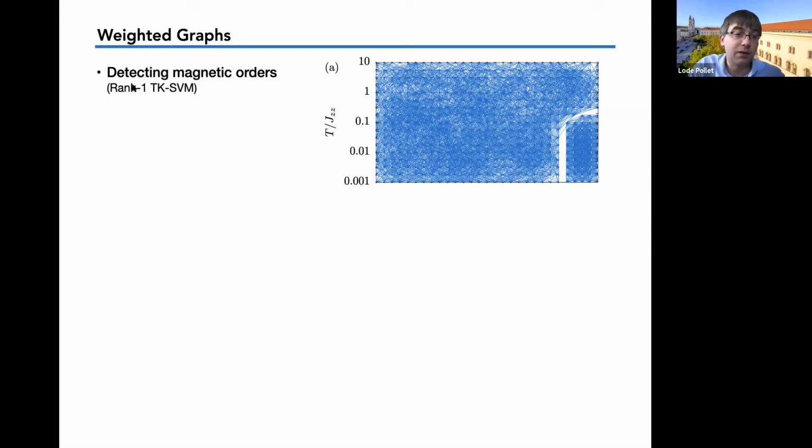And now we start with the rank 1 TK-SVM. And what we see is that there is one component here which is very distinct from the rest. And if you look at the phase diagram we had before, this was an ordered in-plane antiferromagnet, but there is no structure seen in the rest.